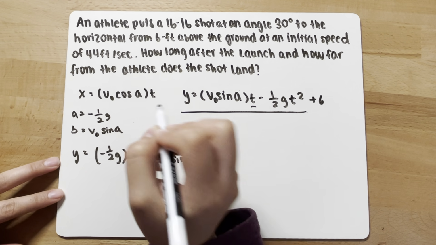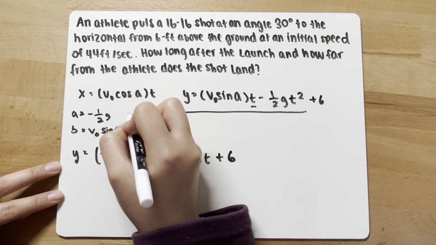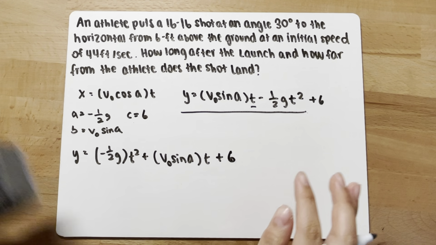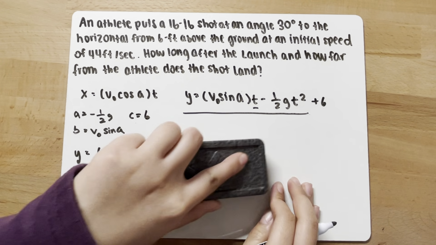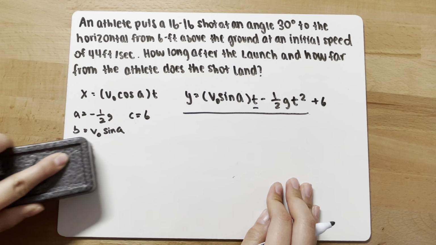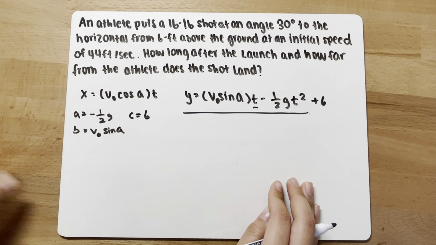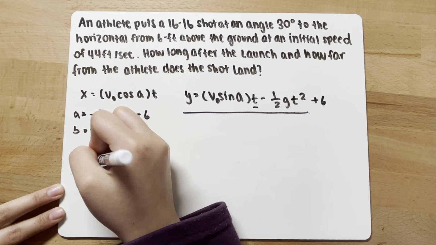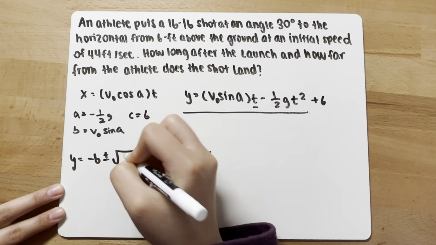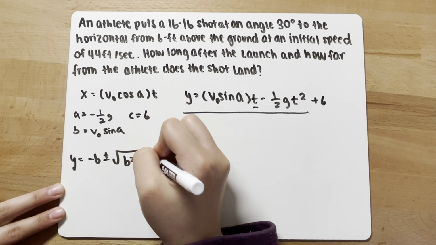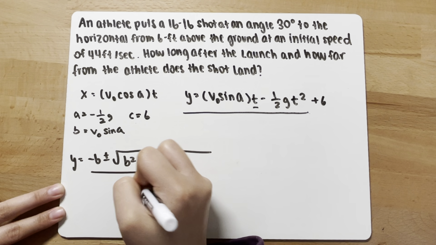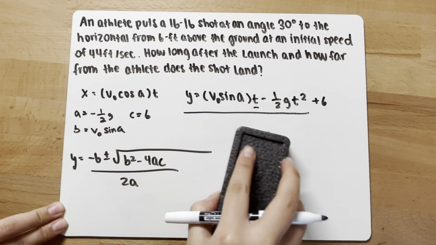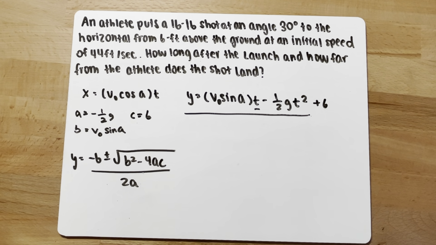And then for c, you get 6, okay? Now, remember back in pre-calc, you had to find negative b plus or minus the square root of b squared minus 4ac over 2a. So you want to do the same thing for this in order to find t, okay?